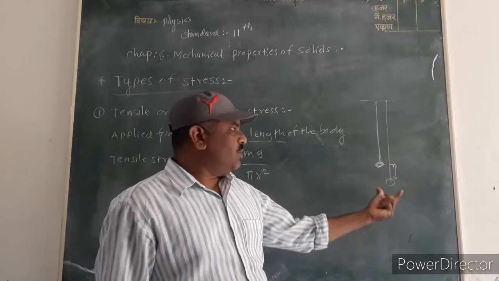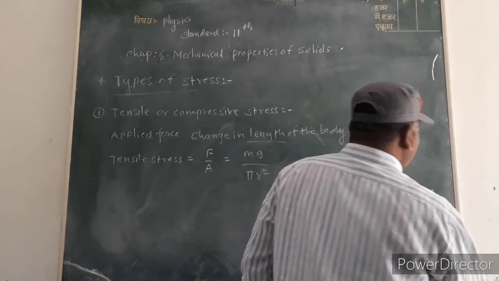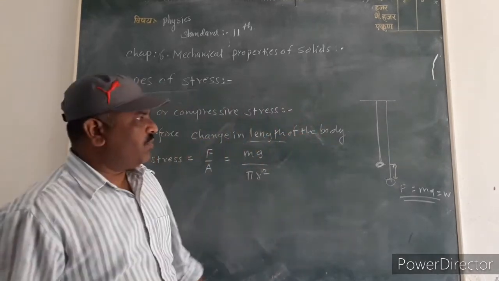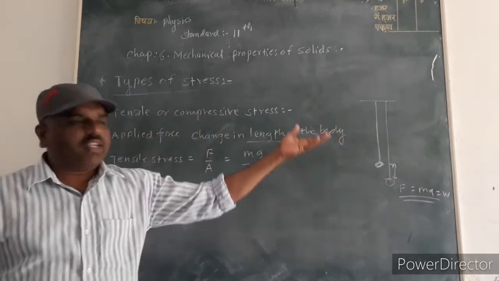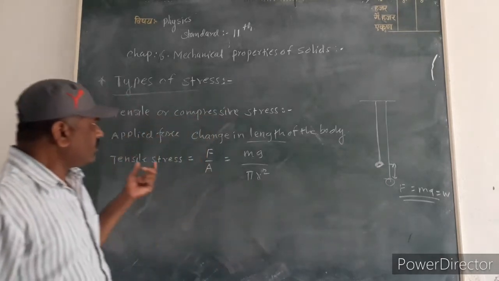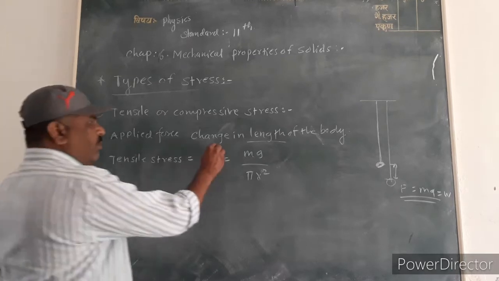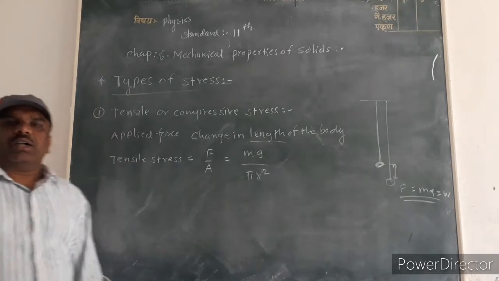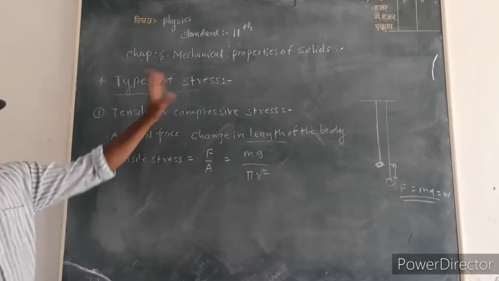There is a change in length due to the force in the form of weight. Such stress is called tensile or compressive stress. And tensile stress is equal to force upon area, or this is equal to mg upon pi r square. Again, the SI unit and dimension are the same as stress.